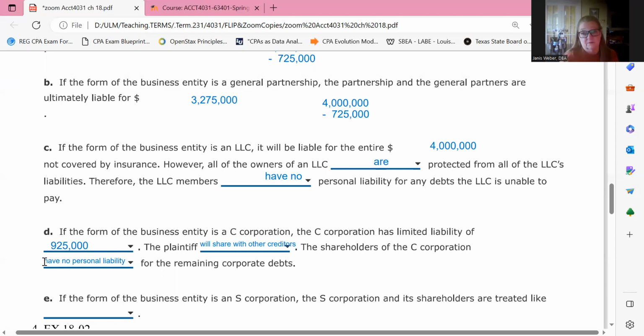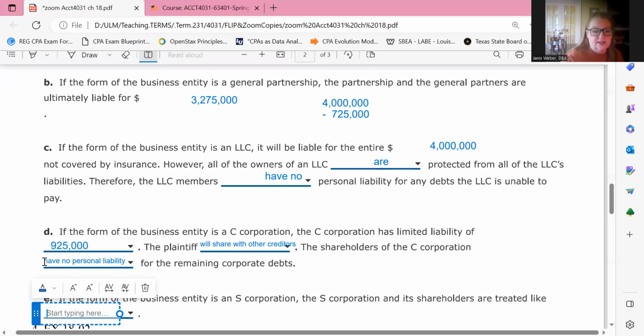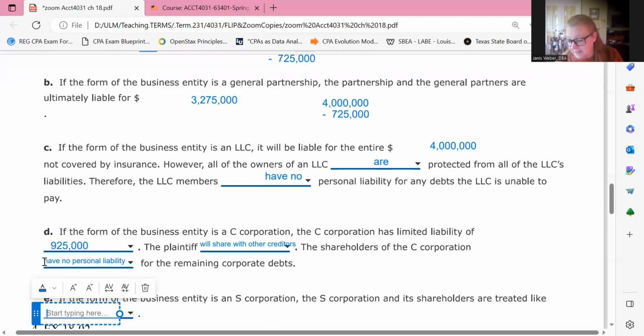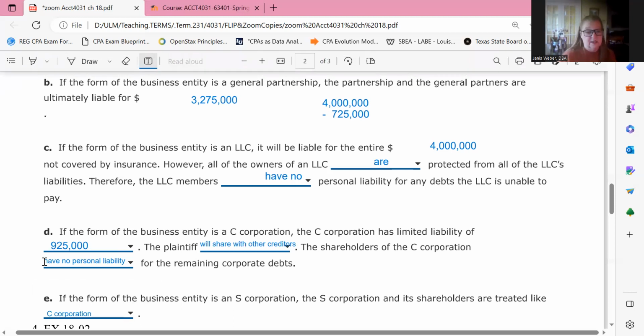I'm not trying to pretend that I understand liability law, but I'm just telling you, this is what the solution to the problem says, that 925 is the limit. And the last one, if it's an S corp, it will be treated exactly like the C corp, because it is a corporation still, and it gets the same shield of liability.